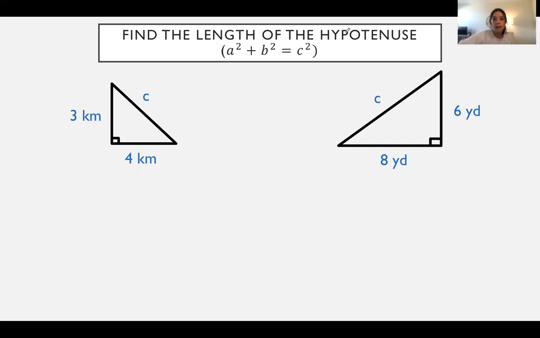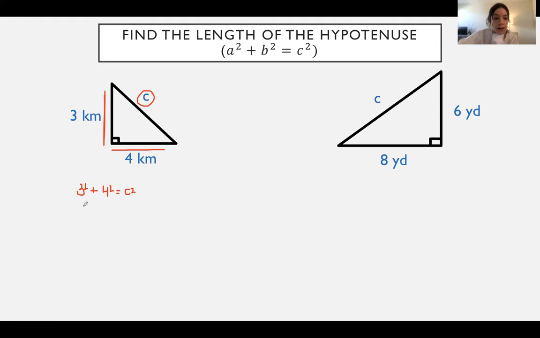Here we're going to be finding the length of the hypotenuse, so that would be c. If we have leg 3 kilometers and leg 4 kilometers, our formula becomes 3 squared plus 4 squared equals c squared. Excuse my messy handwriting on here, it's hard to write.